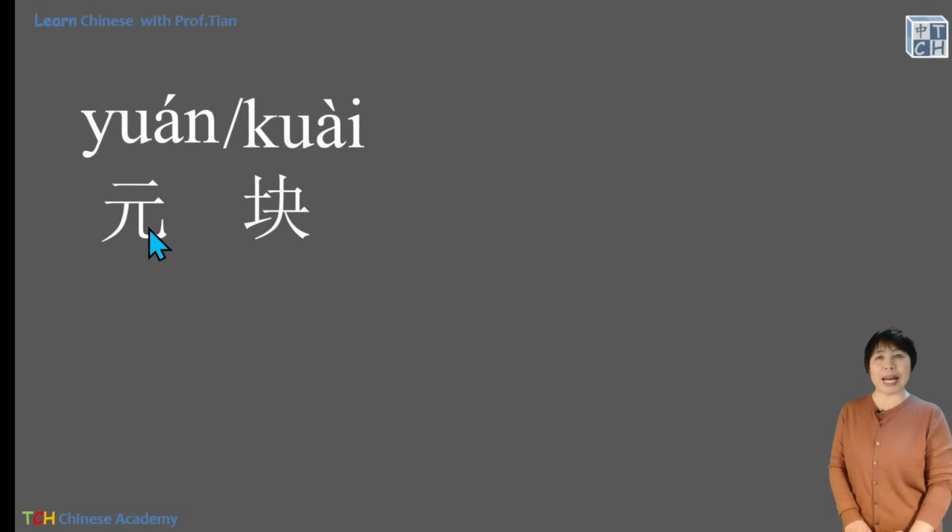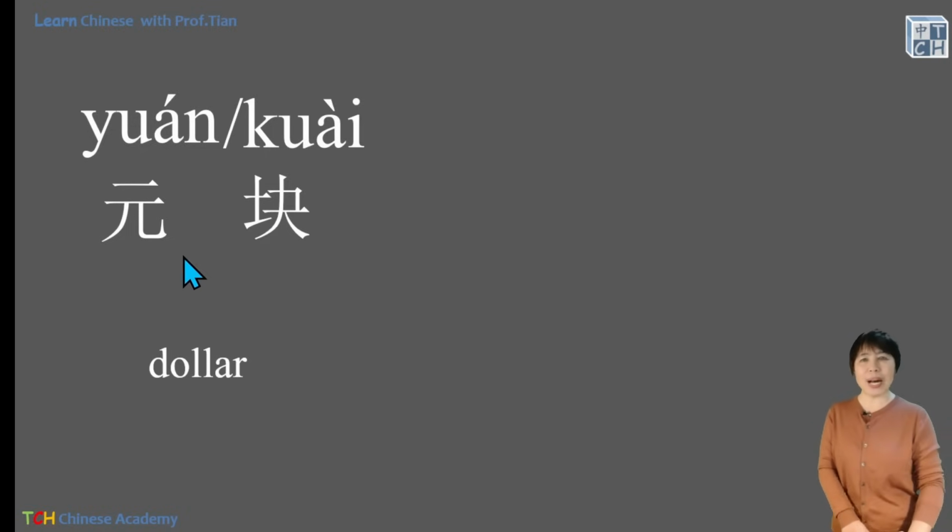The first one we have is yuan or kuai. So this kuai is used more in spoken Chinese. It's more colloquial, and the yuan is just like the dollar. So yuan or kuai. When in spoken Chinese, we tend to use this kuai.